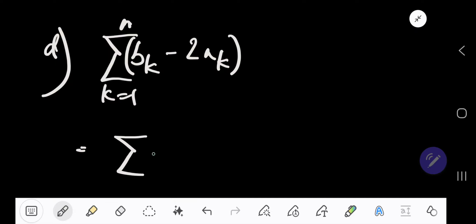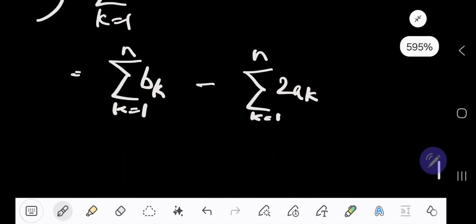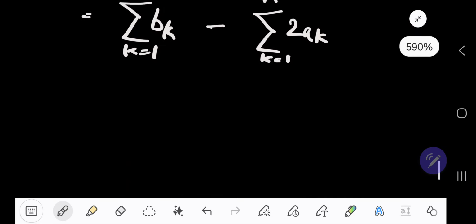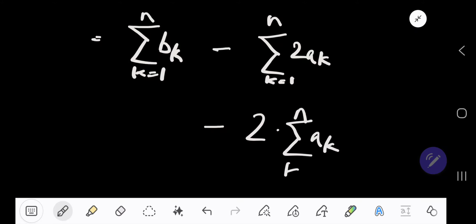This equals the summation of bk from k equals 1 to n minus the summation of 2ak from k equals 1 to n. 2ak can be written as 2 times the summation of ak, and the first term remains the same for this step.